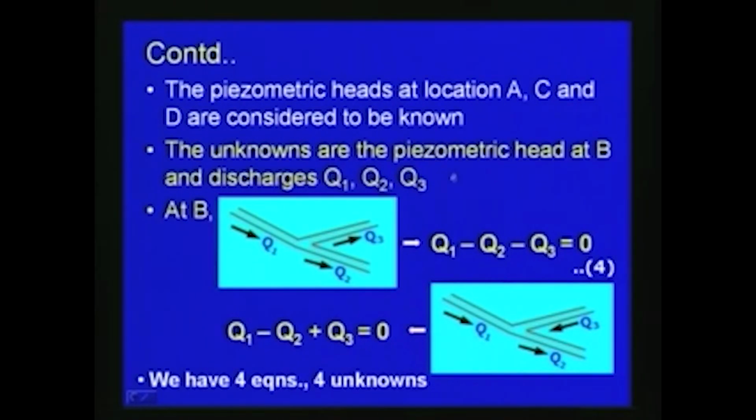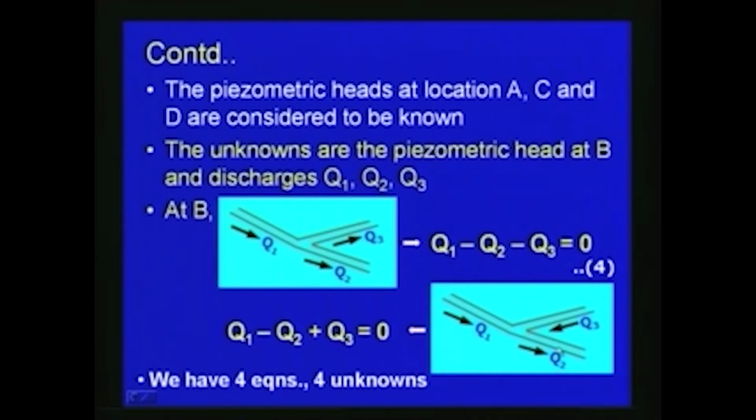So, this Q1, Q2, Q3 and the head at B. At junction B, if we assume that the flow is taking place in this direction, Q1 to the junction and Q2 and Q3 from the junction, then we can write the continuity equation Q1 minus Q2 minus Q3 equal to 0, as in equation number 4.